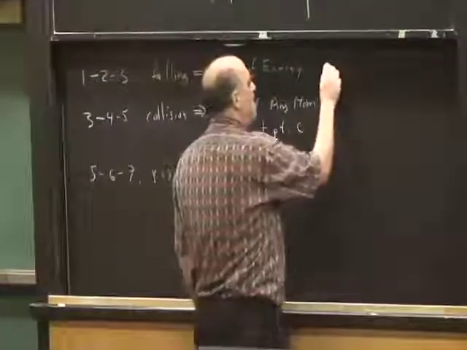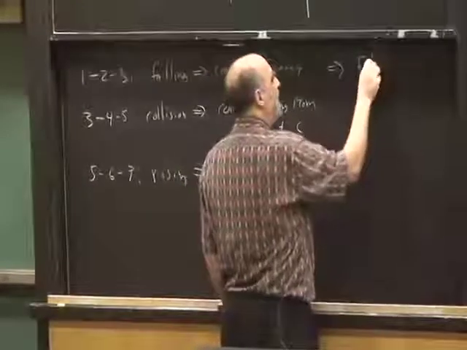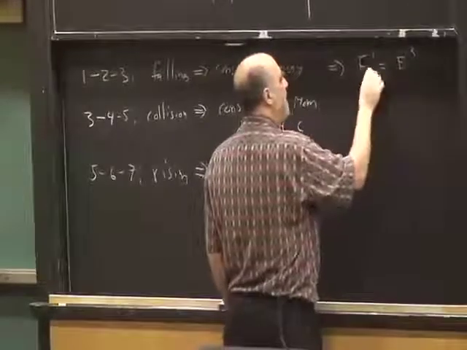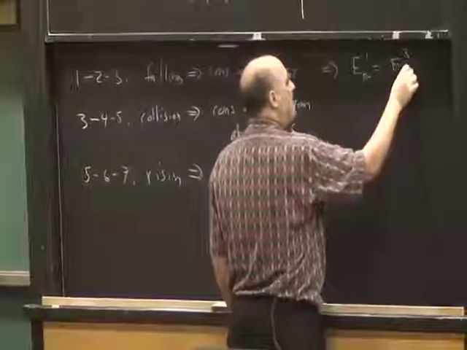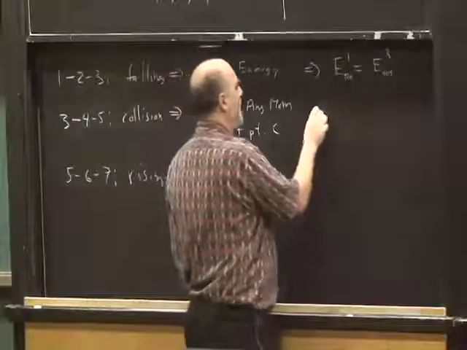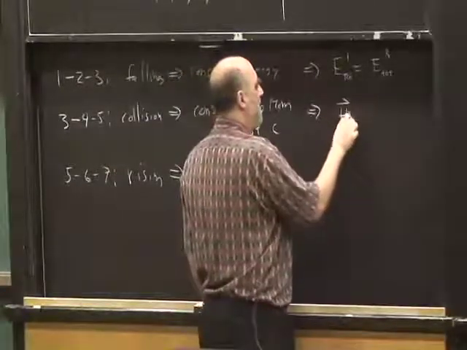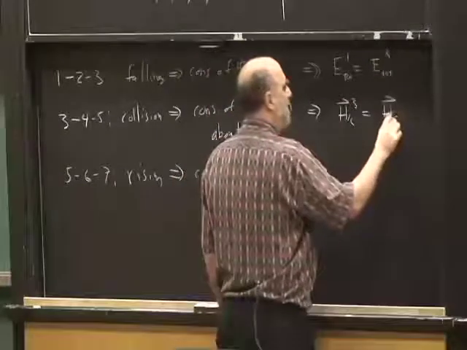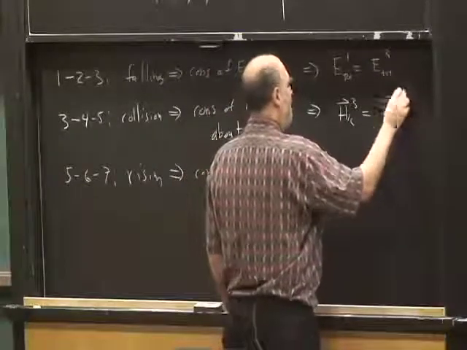So here what we're going to say is that E1 is equal to E3. And what do I mean? Which E do I mean? I mean the total energy, which is gravitational plus kinetic energy. Here we have that H with respect to C3 is going to be H with respect to C5.